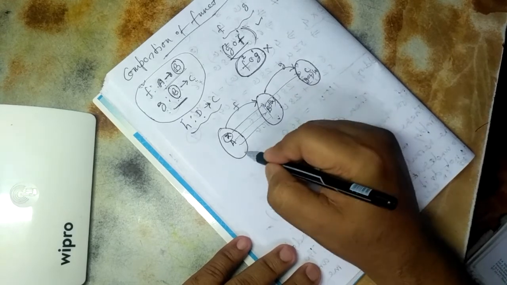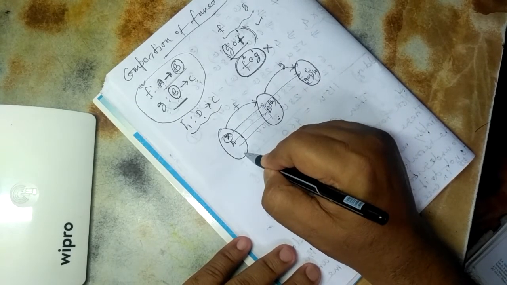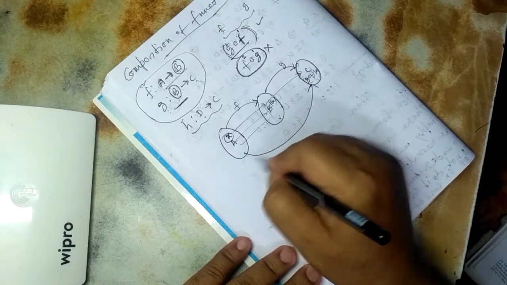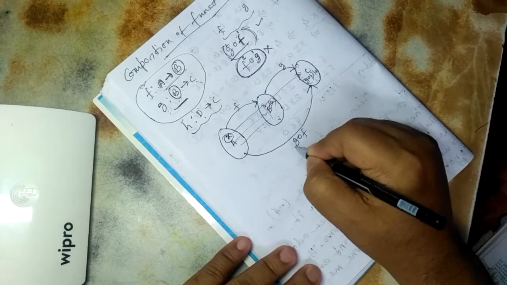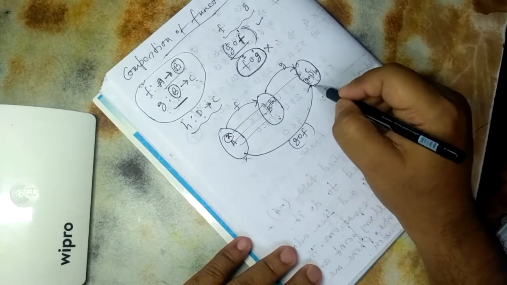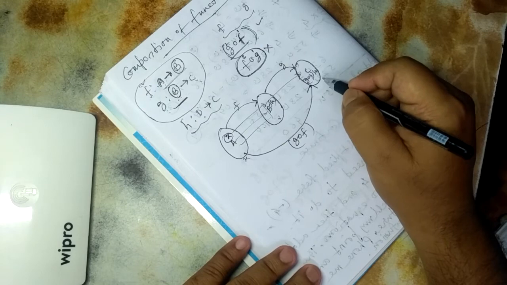So if we consider this in this way, gof is a function from A to C, that is taking x as input and giving gof(x) as output.